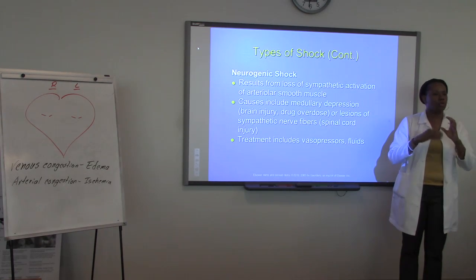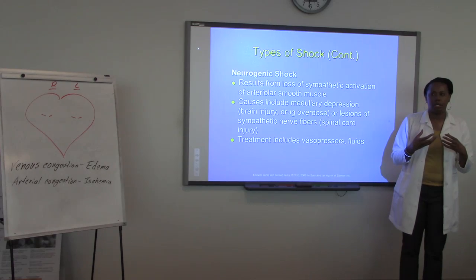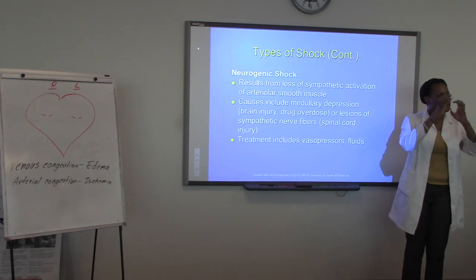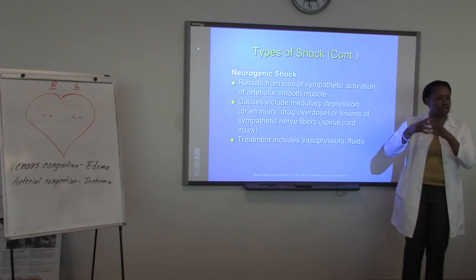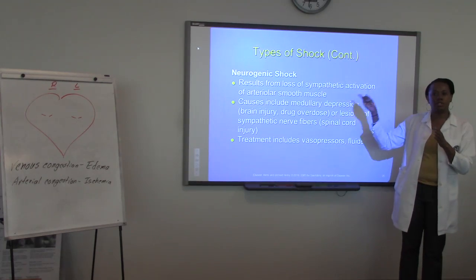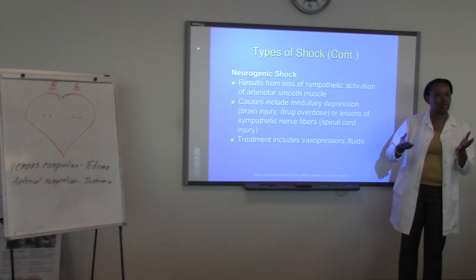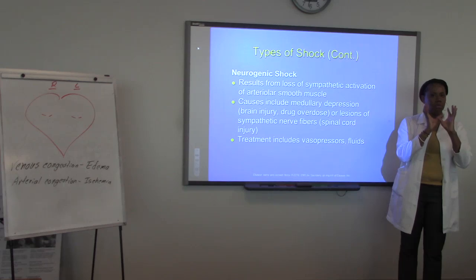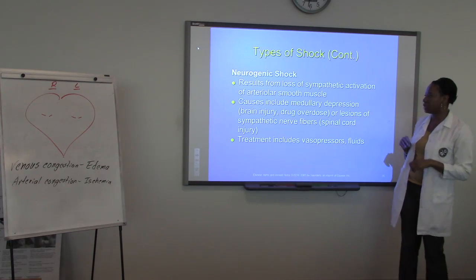Okay? So if you think of what sympathetic activation normally does, it is to increase blood flow, so it's going to cause constriction and a contraction of the heart. This is going to do the opposite. So if you lose sympathetic nervous system activation, it's actually going to dilate or lose that ability to constrict.